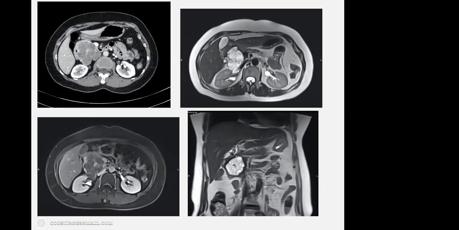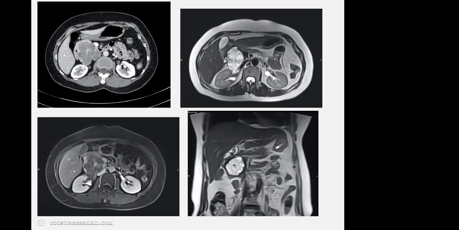Because iodine is radio-dense, the structures containing iodine would appear bright or white on CT scan. So this is the contrast for X-ray and CT scan, non-ionic iodinated contrast, to reduce the anaphylactic reaction in our body.